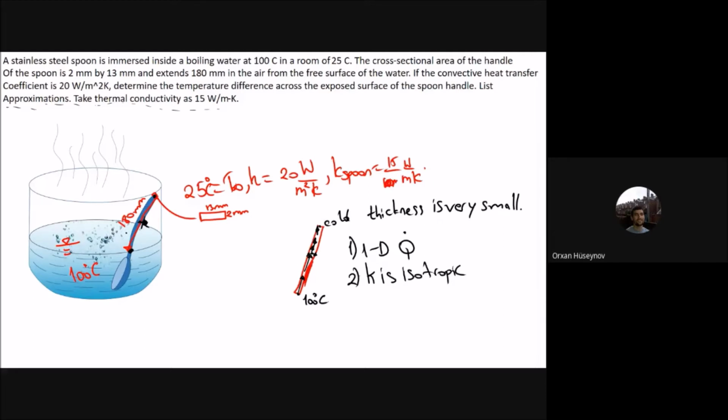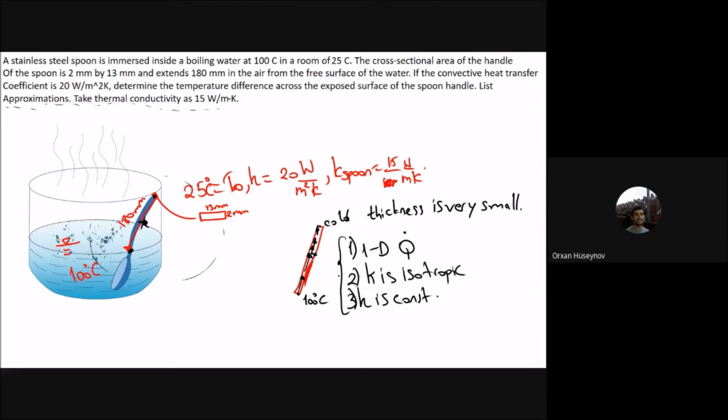We can say that the material is perfectly homogeneous, or atomic structure doesn't affect the value of K in any direction. And the third one is that H is constant. So we have H inside the room, and we say that H around this spoon is constant. These are the famous approximations that we are using for fins. The first one is 1D, K is isotropic, and the H value is constant.